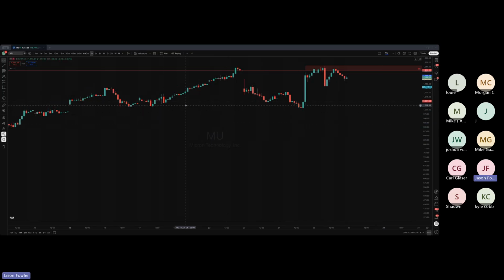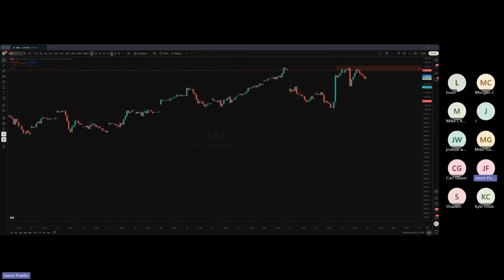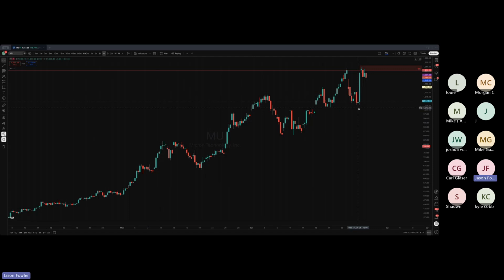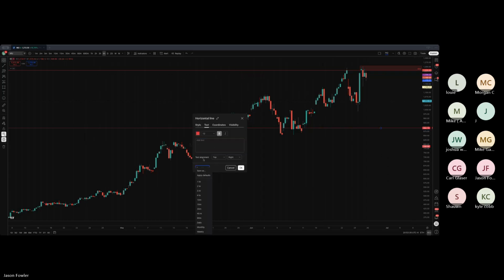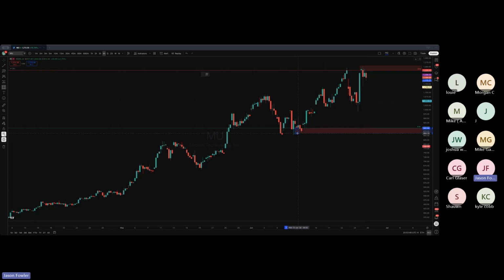You can find an old zone to work off of. This one's solid here. 4-hour here about. I just want to go to an old zone to show you guys what you'd be looking for reaction off of the zone. But honestly, this is a pretty good one because you have this little pullback here that got bought up.